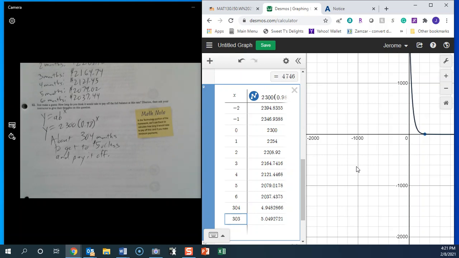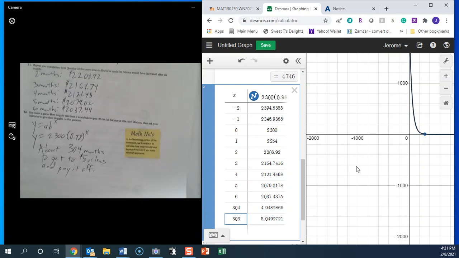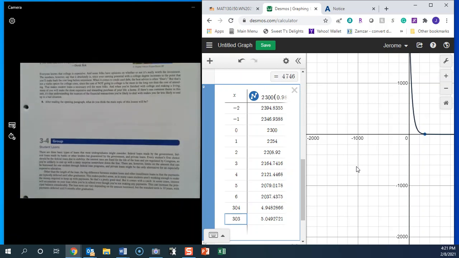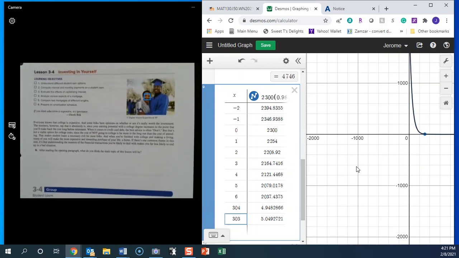This was a nice lengthy lesson, but now we're going to move on to 3-4, which starts on page 251. It says Investing in Yourself. This is where we're actually going to start doing some student loan type problems.